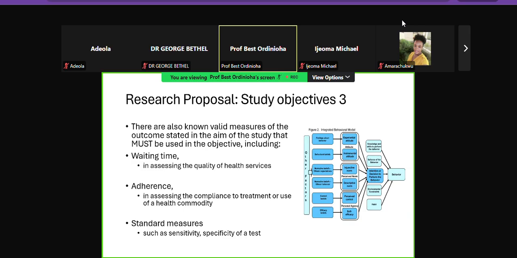Before you carry out a study, you do a literature review to identify the valid measures. Because if you use your own assessments, then it will not be valid. For example, access to water supply.